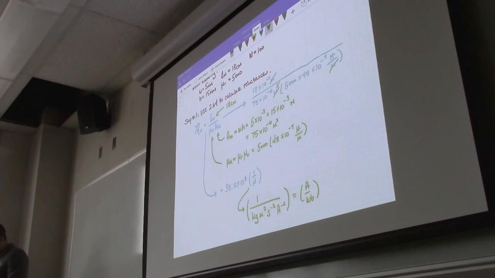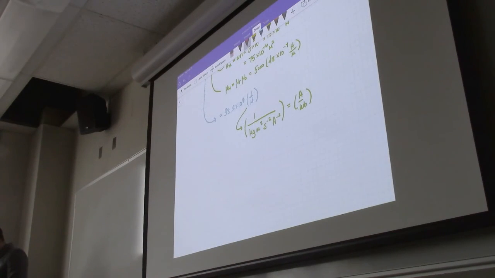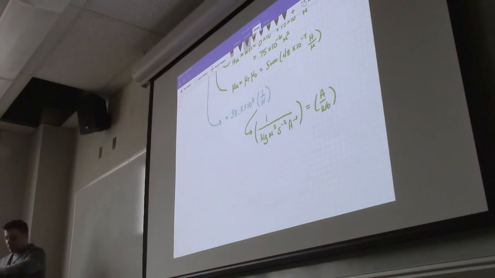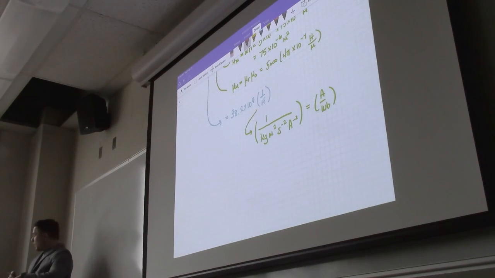Okay, step 2. And we are almost done. That's it. It was just calculate inductance from reluctance.